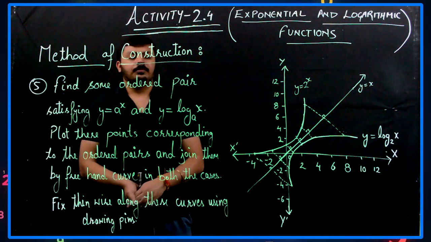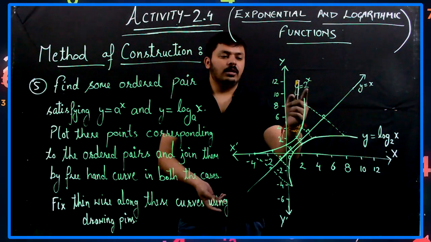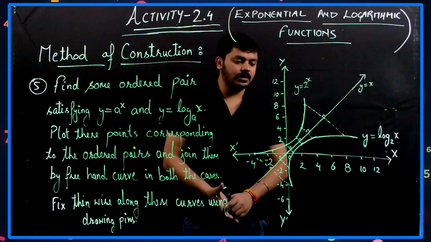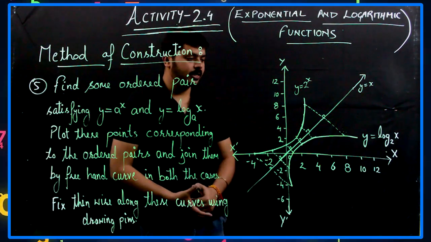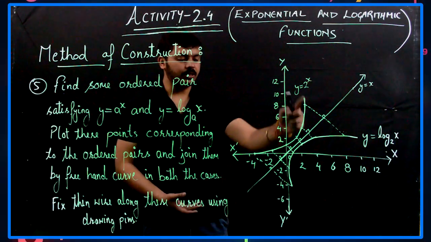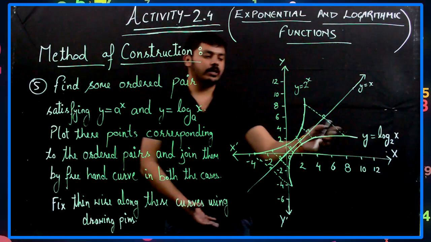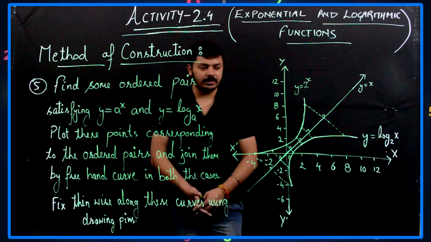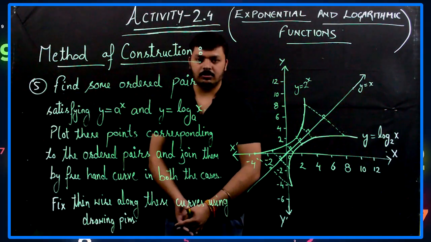So students, we have considered here a equals to 2 and plotted the graph of y equals to 2 to the power x and y equals to log x to the base 2. As you can see here, the two curves denote the two functions y equals to 2 to the power x and y equals to log x base 2.